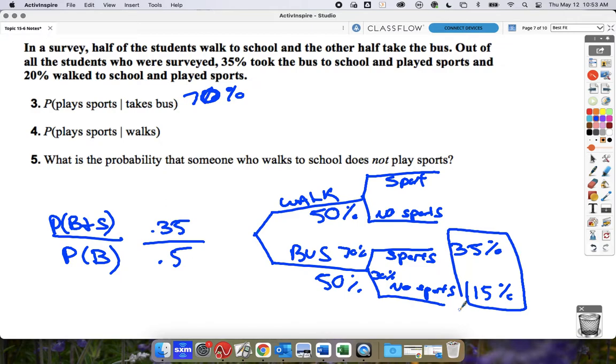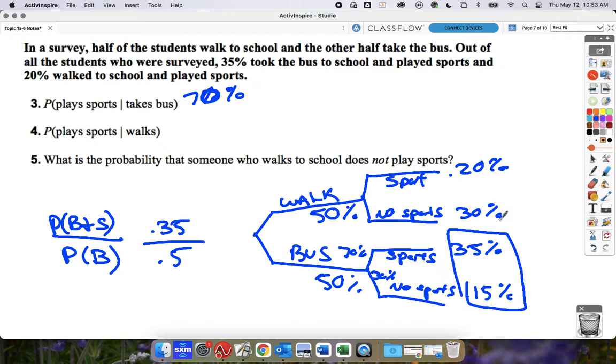What's the probability that you play sports given you walk? 20% of the people walked to school and played sports. This is 20%, and this would be 30%. That accounts for 50% of the walkers.